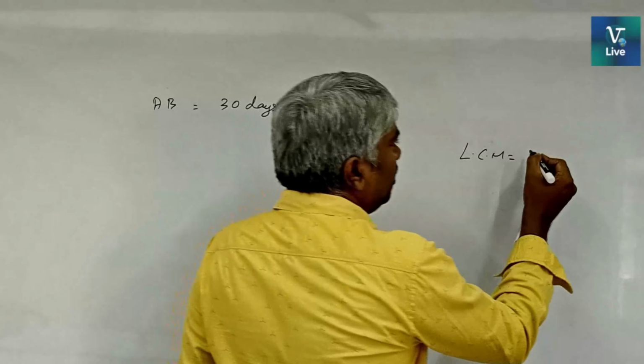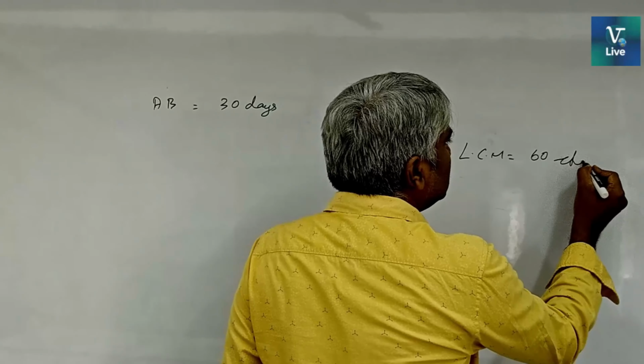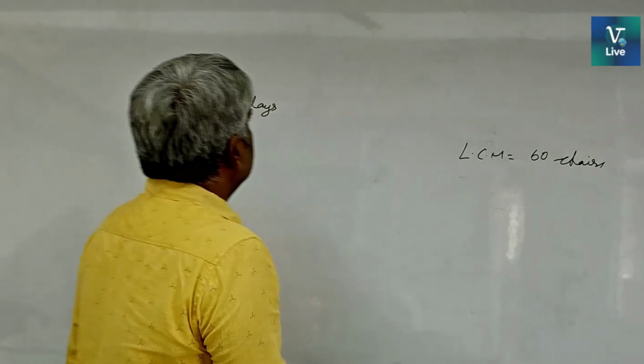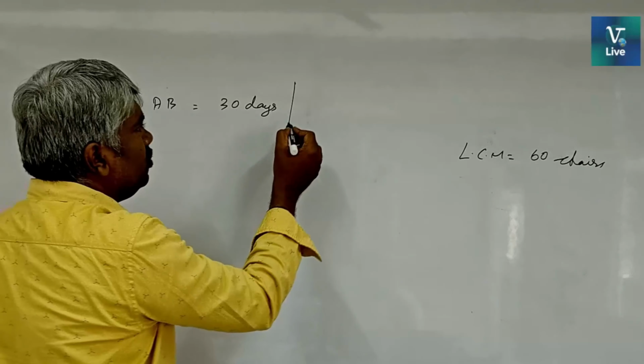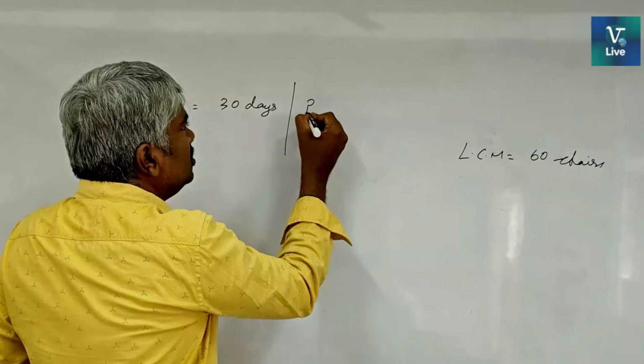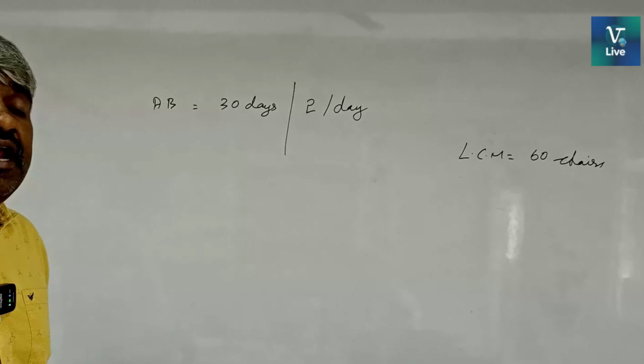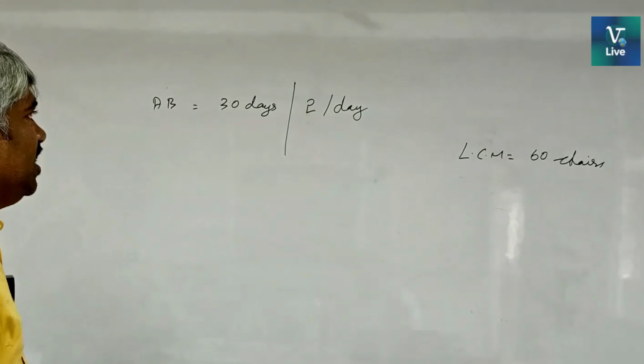I'm taking 60. So, we need to manufacture 60 chairs. When A and B are working together, they take 30 days to complete 60 chairs. So, it shows that when A and B are working together, they manufacture 2 chairs in one day.